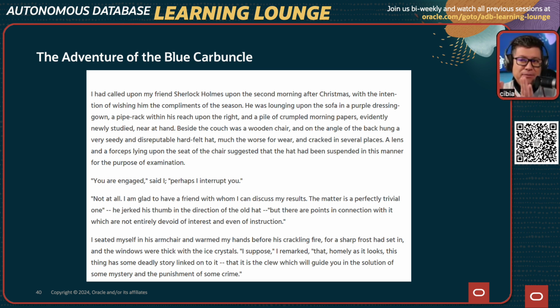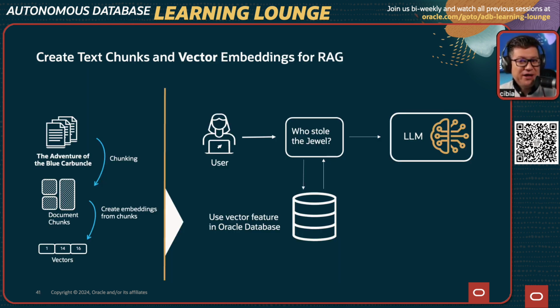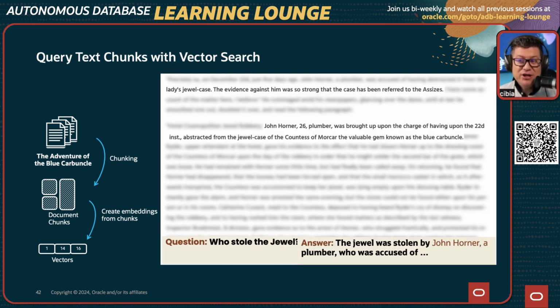But the problem is that throughout the text you have different chunks. If you use a normal RAG, you slice the book into chunks and create the embeddings. Now when you ask who stole the jewel, the vector search is going to find whatever person is closest to the jewel, and it might give you answers that are not right.